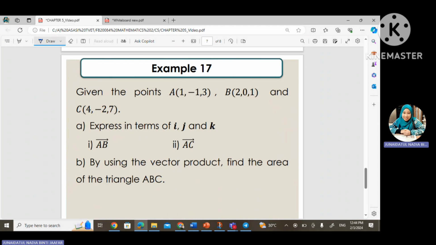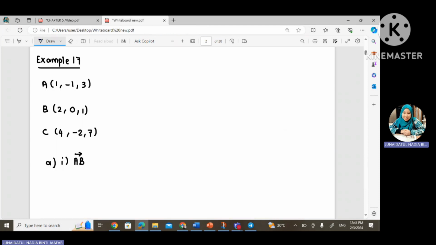So we have point A, point B and point C. Actually, point A, point B and point C are in the form of coordinates. So we must know that these three are actually position vectors, and for a position vector, please remember that it must start from 0, or start from the origin.